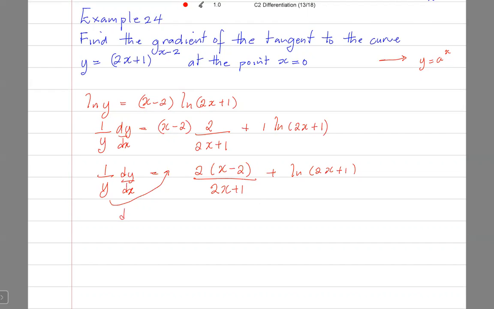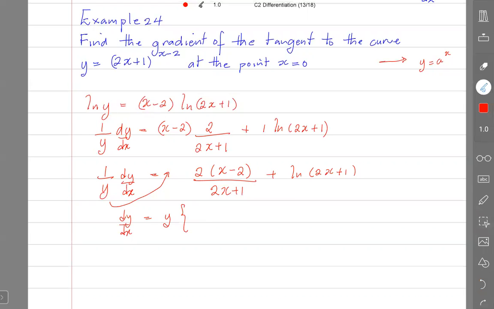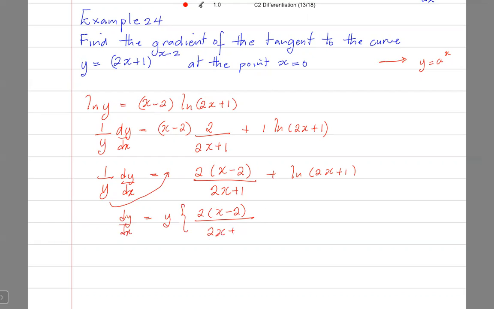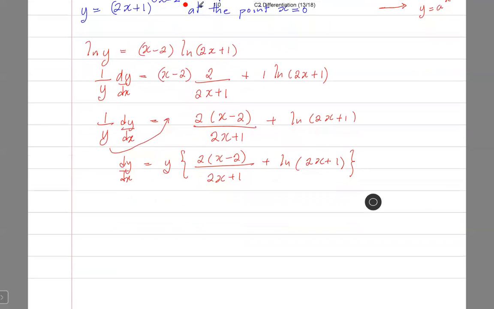So I'm going to get dy by dx is equal to y into [2 into (x minus 2) over (2x plus 1) plus ln(2x plus 1)]. All right, guys, you cannot be afraid of the mathematics. I mean, go where it takes you.